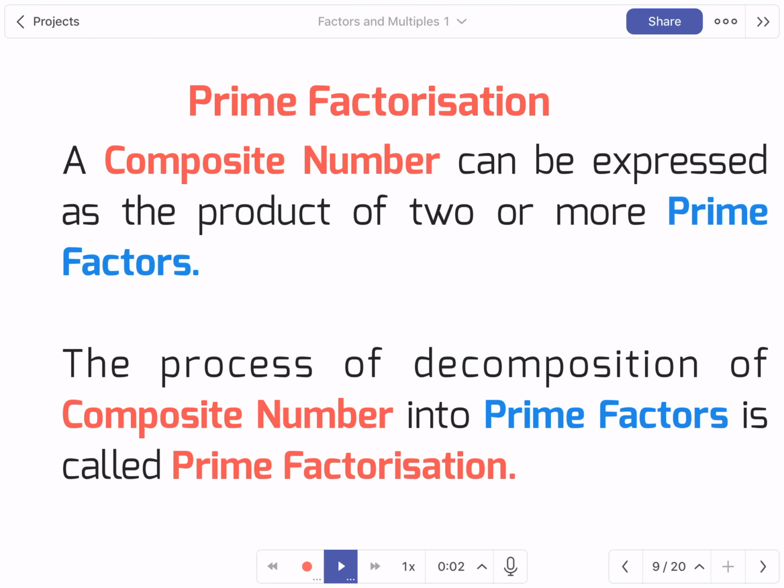So far we have learned a number can be a prime number or a composite number. The interesting fact about a composite number is that it can always be expressed as a product of two or more prime factors. The process of decomposing a composite number into prime factors is called prime factorization.